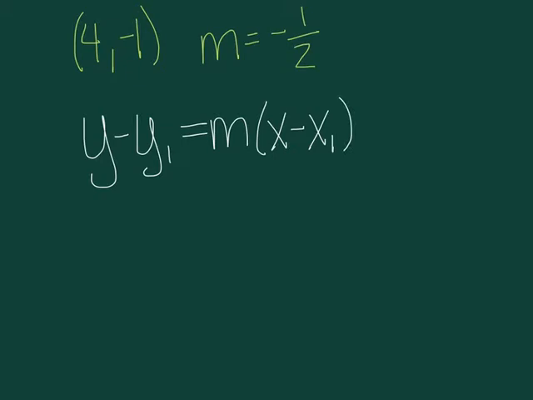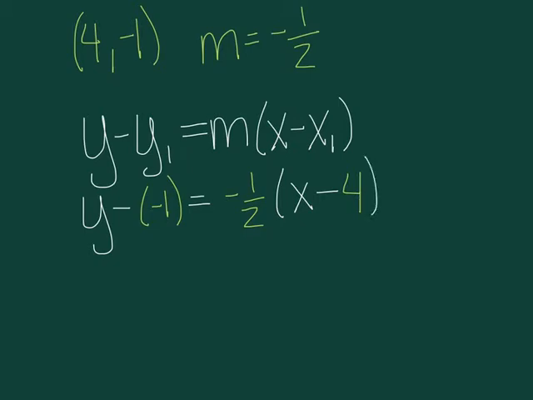We'll just take our y minus our y1 value, which is a negative 1, equals our slope, which is a negative 1/2, times x minus the x1 value, which is 4. We just clean everything up, make sure we're in simplest terms.